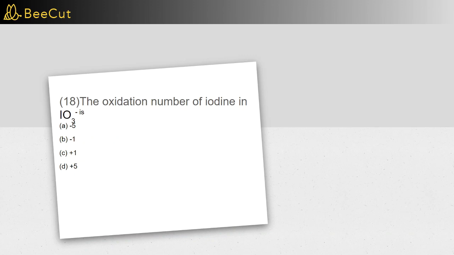And we have a charge. The total value of the compound will be equal to the charge, which is -1. So X plus -2 multiplied by 3, which is -6, is equal to -1. You make X the subject of the formula. X will now be equal to -1 plus 6. The oxidation number will be +5. That shows the oxidation number is +5, which is option D.